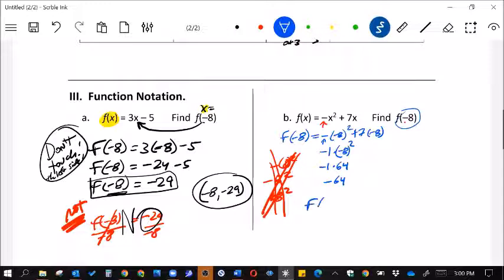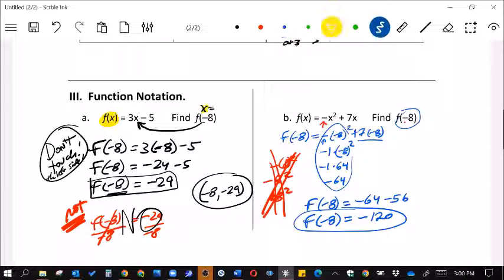So what I have is that the function of negative 8 is equal to negative 64 plus 7 times negative 8, which is negative 56. So that means the function, when we use negative 8 for X, is negative 64, take away 56, which is 110, 120, I believe, negative 120.